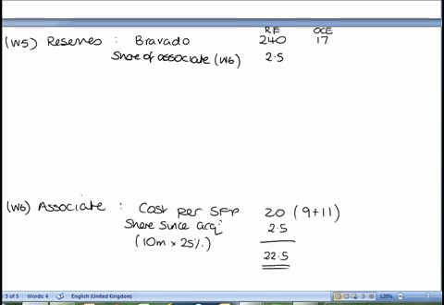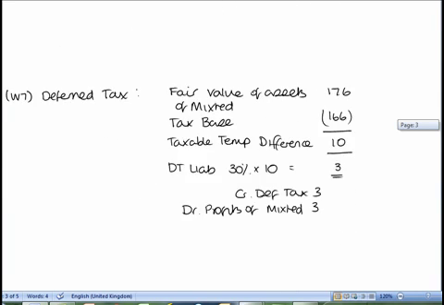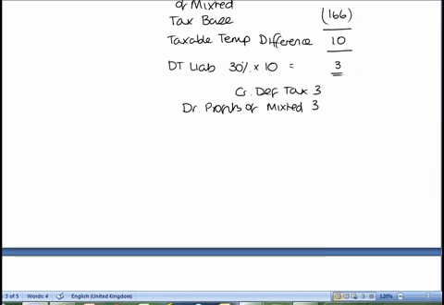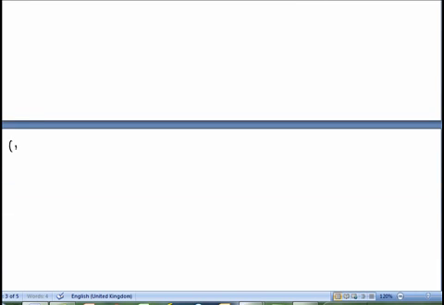Note E says we've got another investment, but this one is an overseas investment. And we bought it for 11 million dinars.